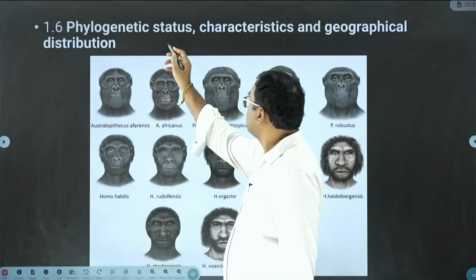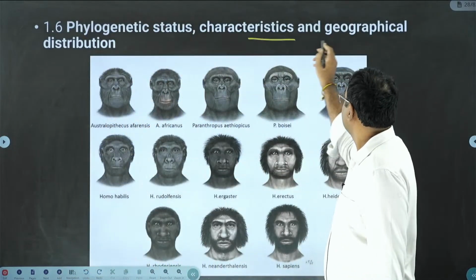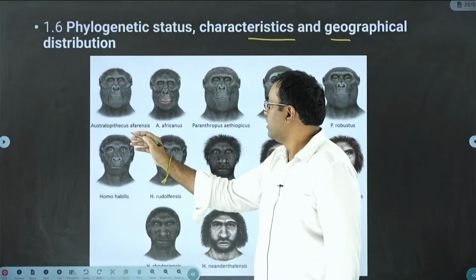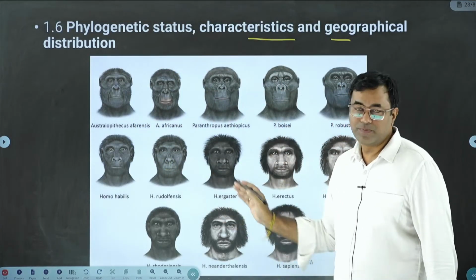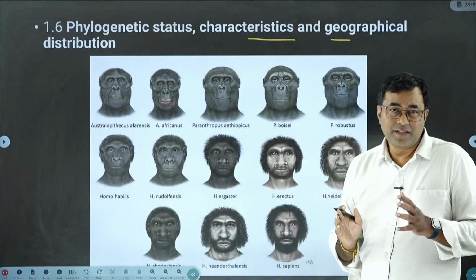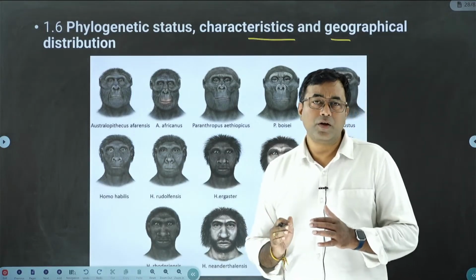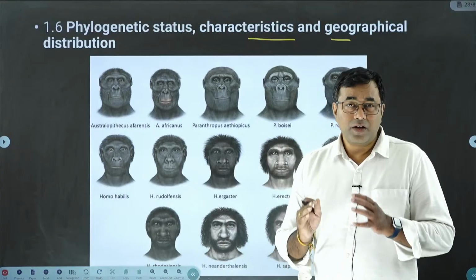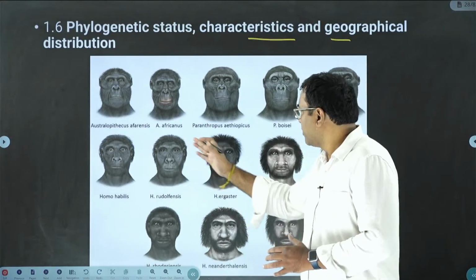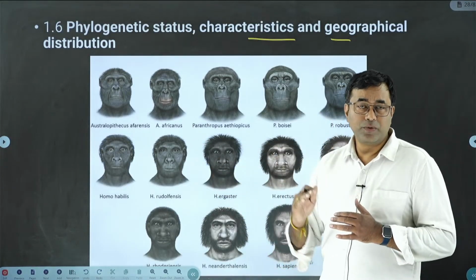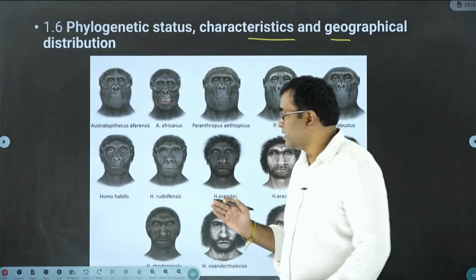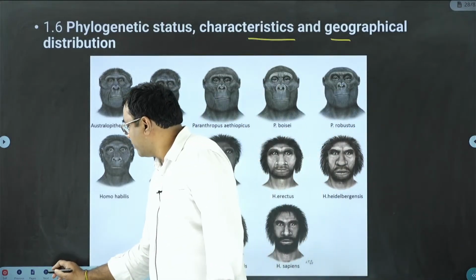Next one is phylogenetic status, characteristics and geographical distribution. These are different types of species recognized by the paleontologists or archaeological anthropology. They try to give the evolutionary position of the different species in human evolution.